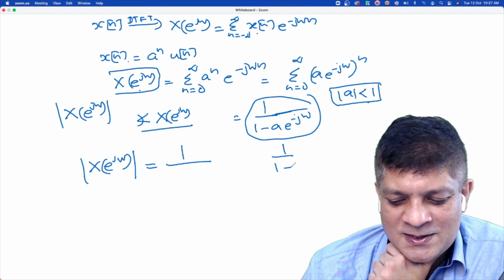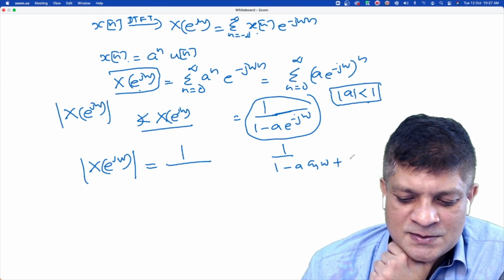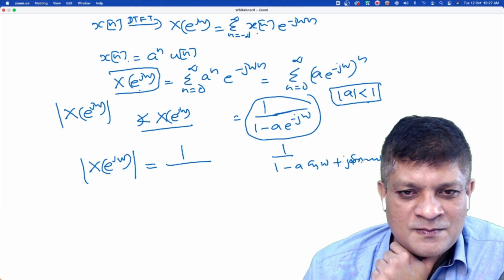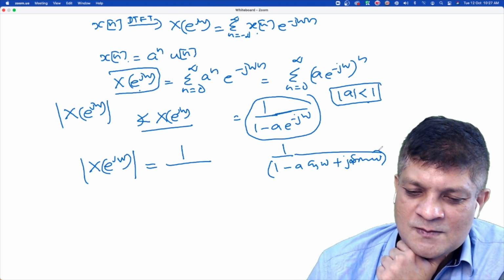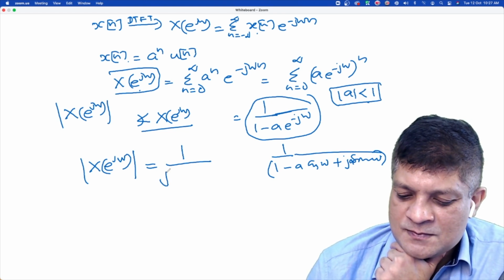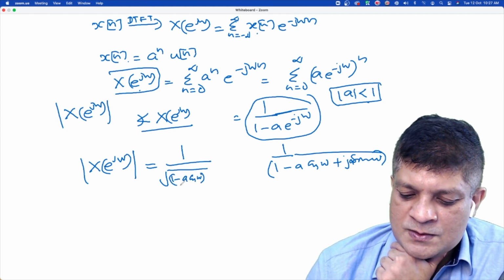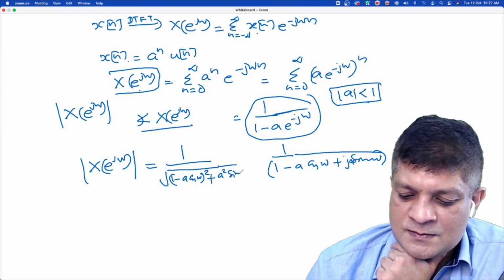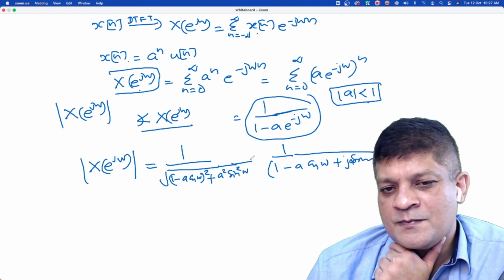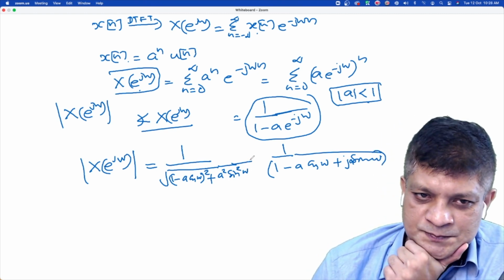It is 1 minus a cos omega plus j a sin omega. Now, what is the magnitude of this? 1 upon root of (1 minus a cos omega) whole square plus a square sin square omega. That is the magnitude, isn't it?